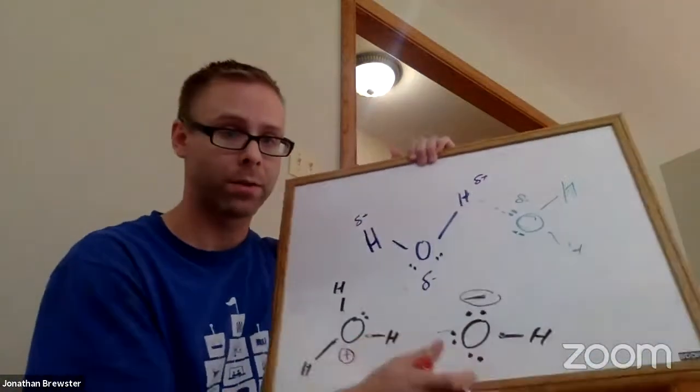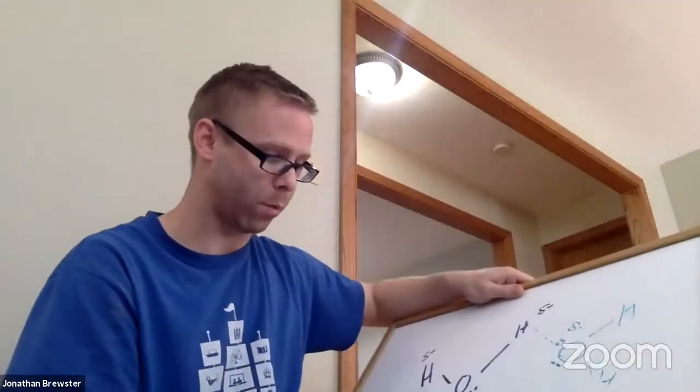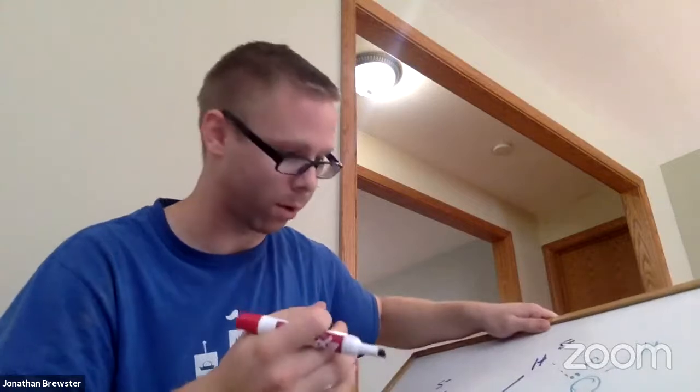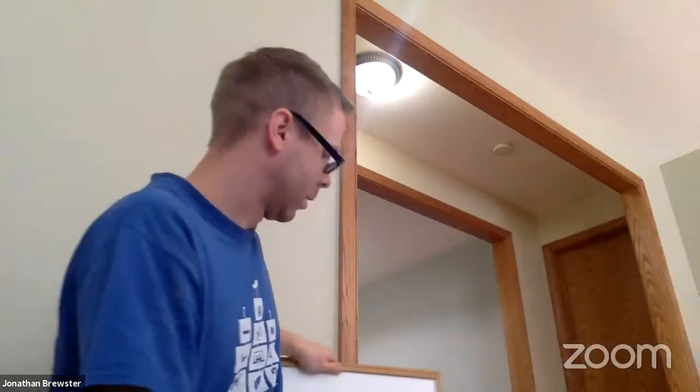And this is something called equilibrium, where it's constantly just going back and forth. And the way that you can think about equilibrium is like a big game of dodgeball. There's a fixed number of balls on the court, and they're constantly being thrown back and forth, back and forth, back and forth.